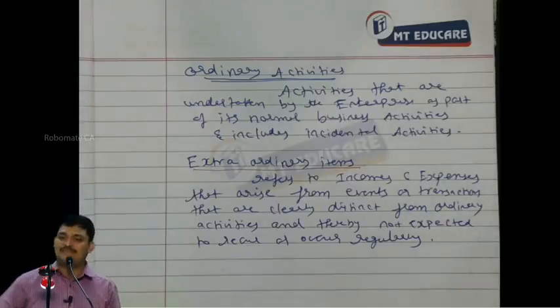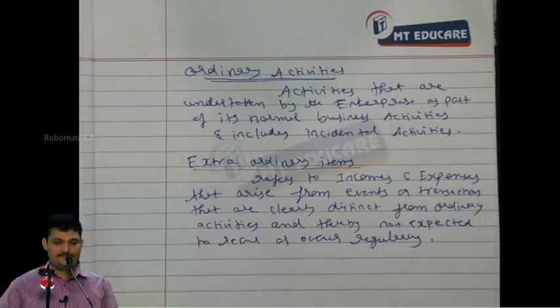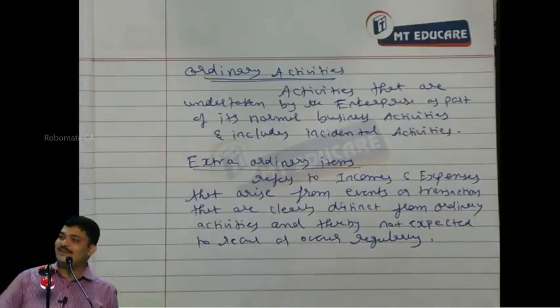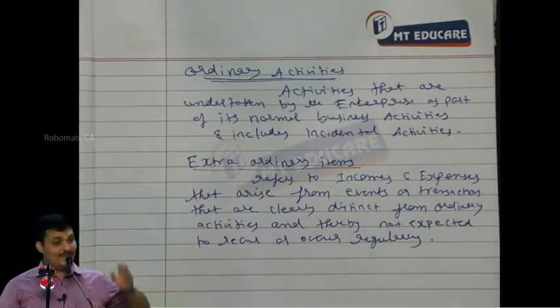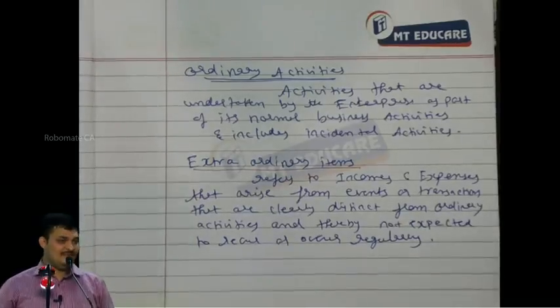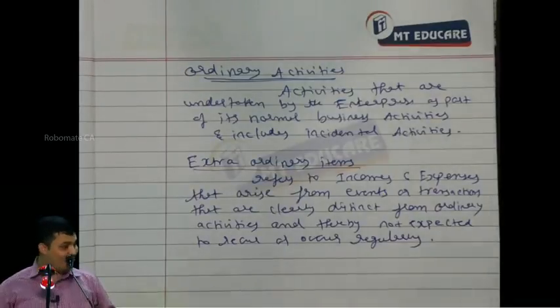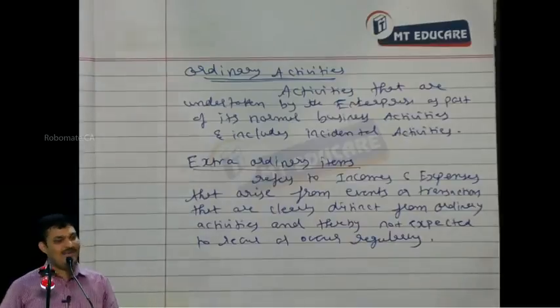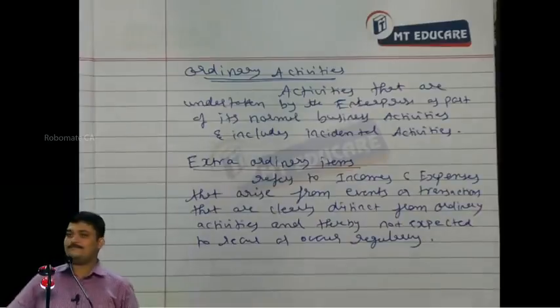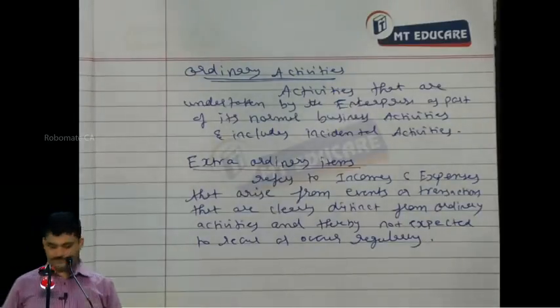Loss by employees' theft, petty employees' theft, extraordinary. You should not say, sir, our own employees. Whether it is theft by third parties or theft by our own employees, it is still considered an extraordinary item only. Extraordinary expense only. Could you appreciate that?